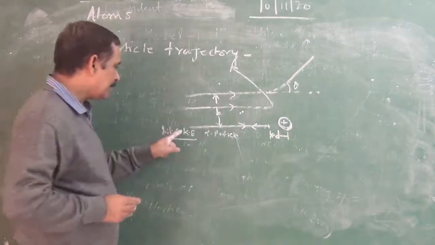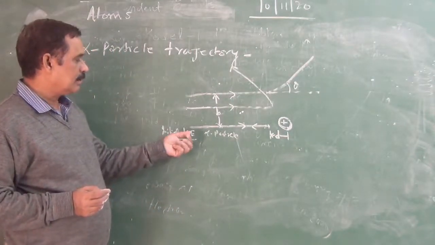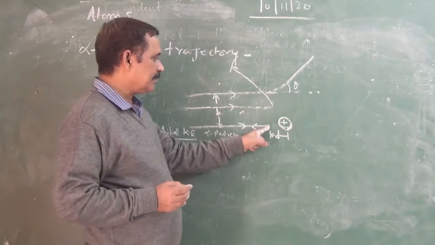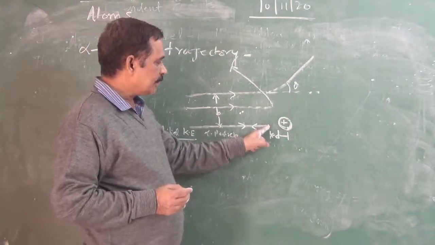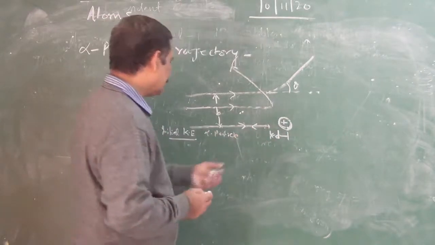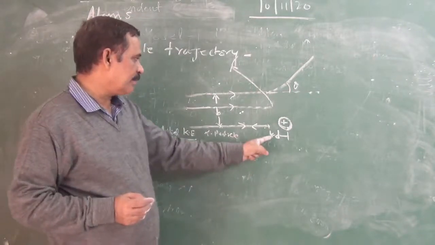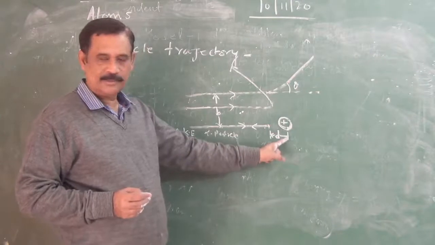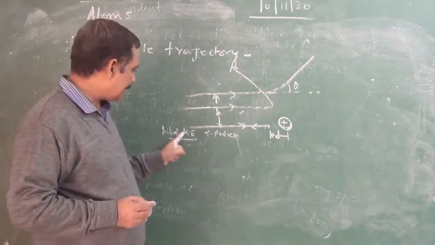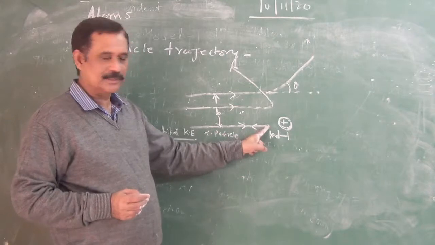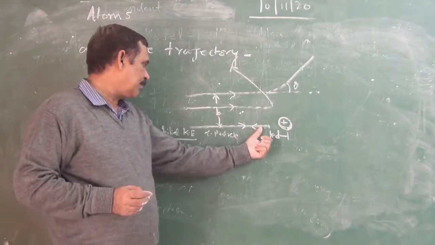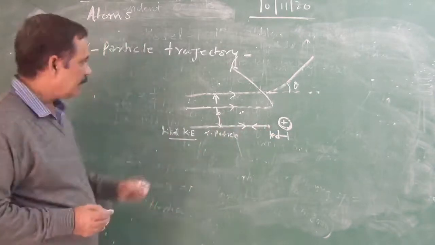The alpha particle moves with initial kinetic energy, and when it reaches this point, due to the strong repulsive force between the alpha particle and the nucleus, it retraces its path. The distance of closest approach is the minimum distance from the center of the nucleus to the point where the kinetic energy is totally converted into potential energy, and the alpha particle retraces its path.